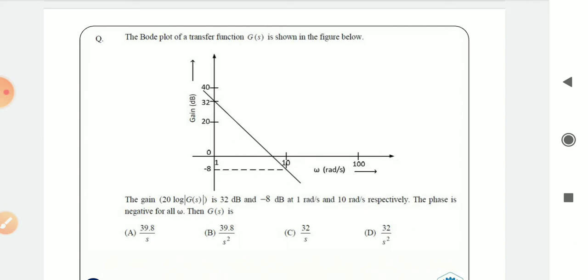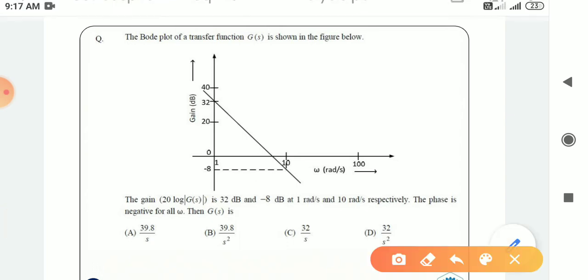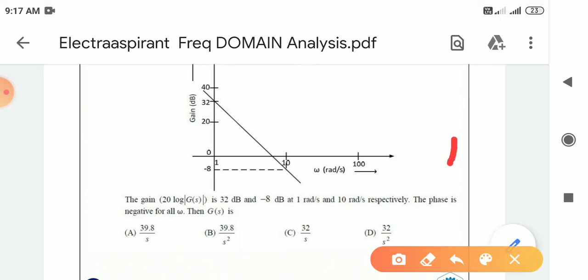Now, as per the given magnitude plot, we have only one line segment, starting with a negative slope, and it is shown for 1 decade.